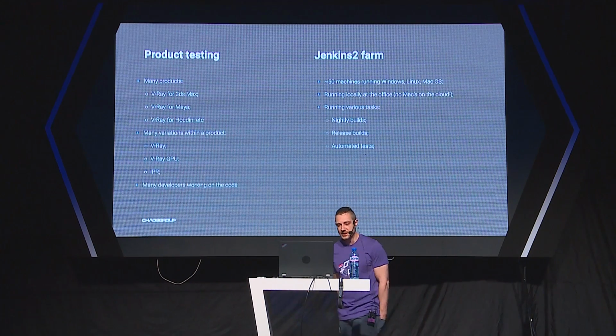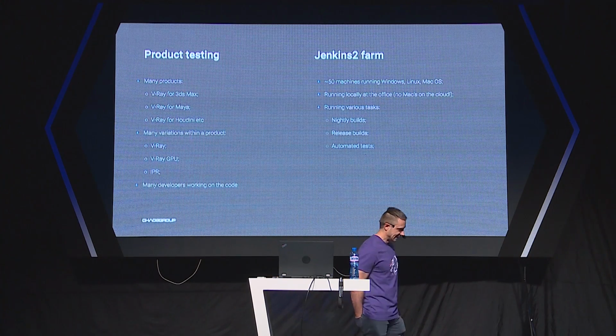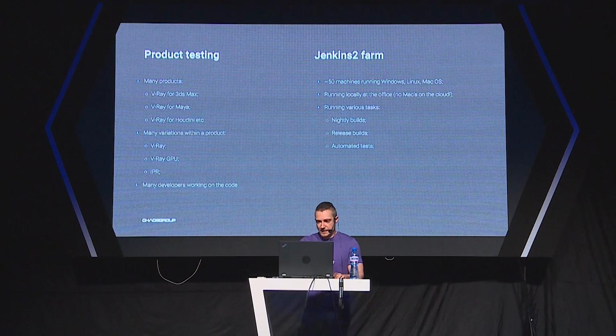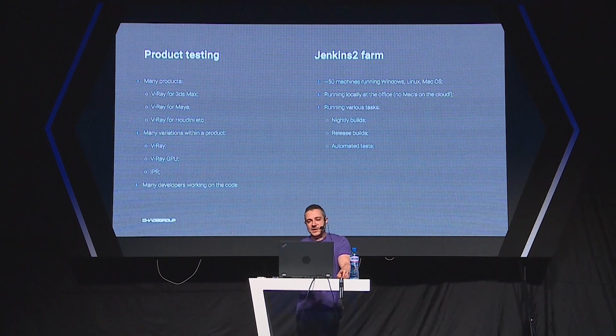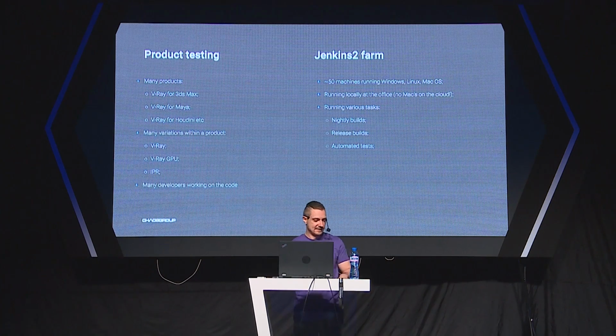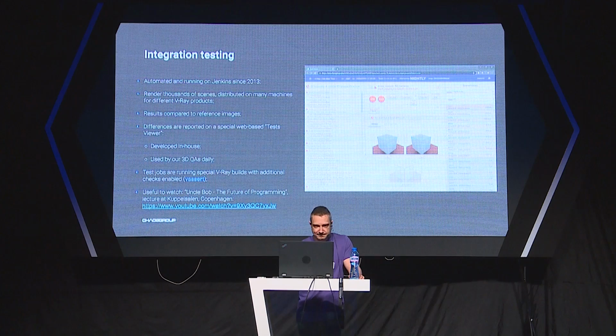We have maybe 50 or so builds that have to be done every night, and they have to be tested, run through all the tests. And all this needs to happen in a distributed manner. If we had to wait for all the tests to happen on just a single machine, that's not possible. The GPU testing is a little bit more complicated because we don't have GPUs in all of those machines, but we still have a couple of them that we use for GPU tests.